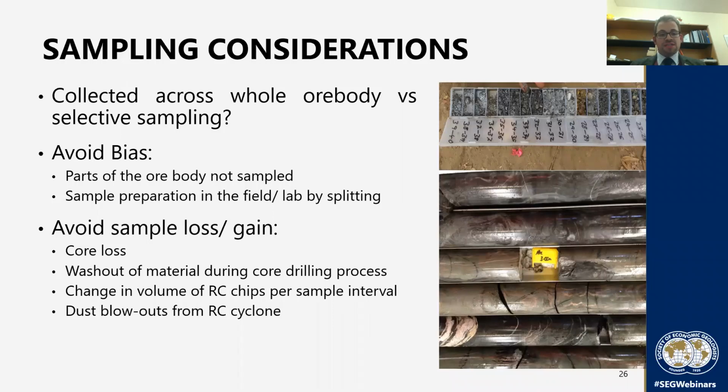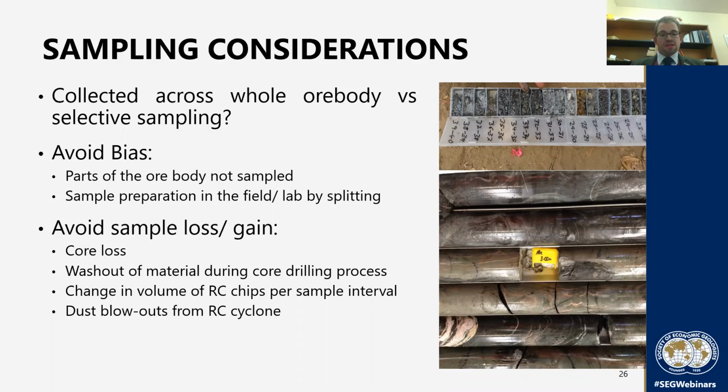Or do we do selective sampling, or in other words, just randomly pick samples where we can visually see mineralization? Now that's important because any such selective sampling will introduce bias. And why do I mention this? In times of limited budgets in the mining industry, people can be inclined to decide, let's only sample certain parts of the ore body, and we report these results and try and get more investment.